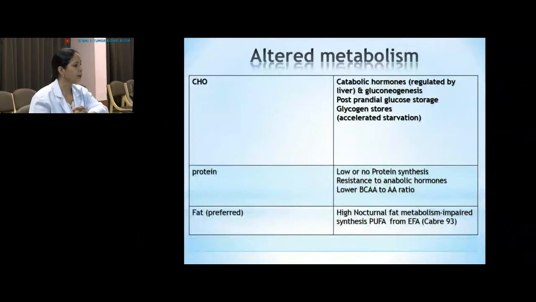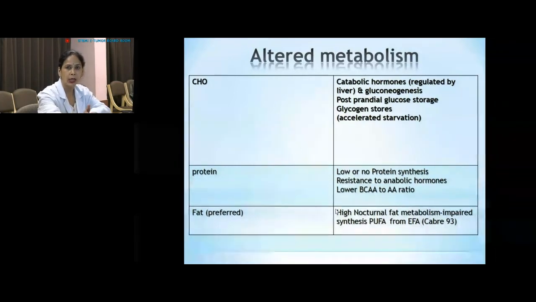Protein metabolism: low or no protein synthesis, restriction of anabolic hormones, and a lower branched chain amino acid ratio. Dietary restriction, low palatability or low dietary intake leads to less protein intake, so branched chain amino acid ratios go down. Fat is the preferred source of energy for the body.